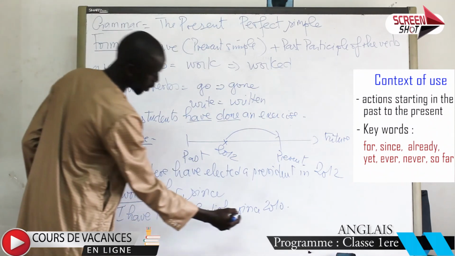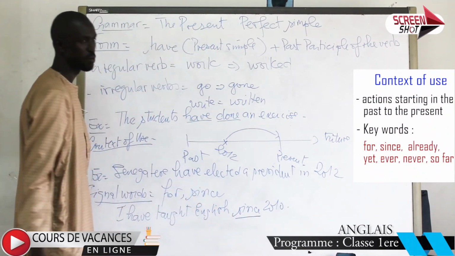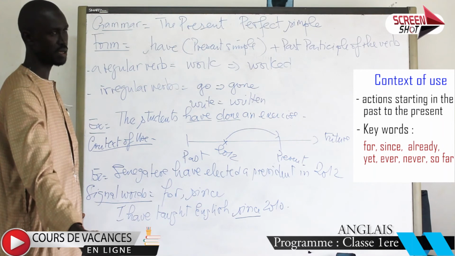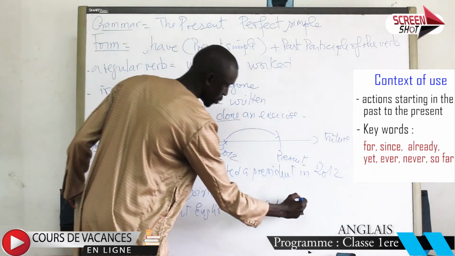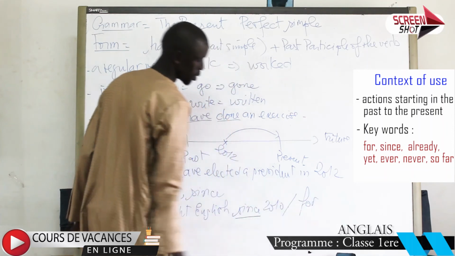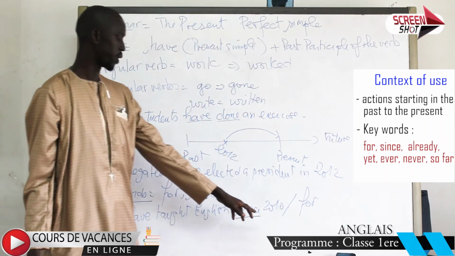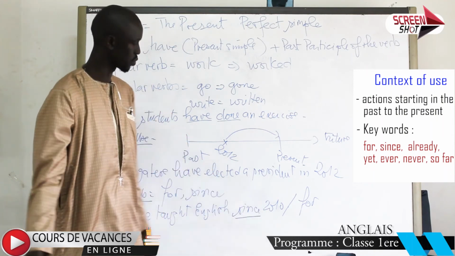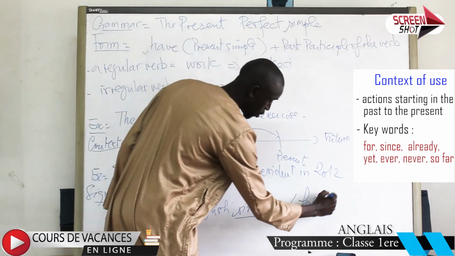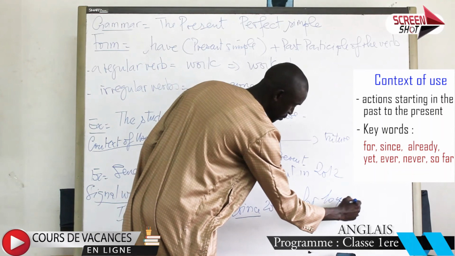That is the starting point. When the action starts, we use since. But if we have a duration, we use for. We have to see when the action starts, 2010. We are in 2020. It means that it is for 10 years.